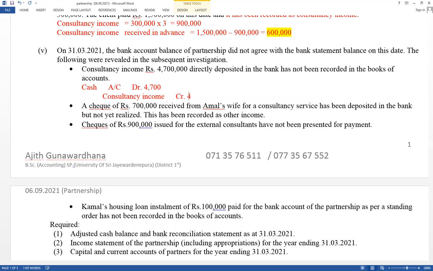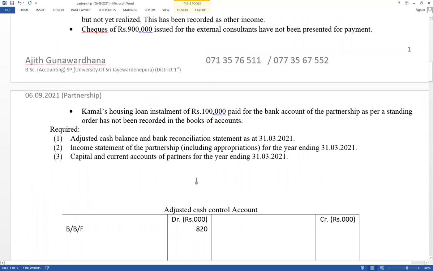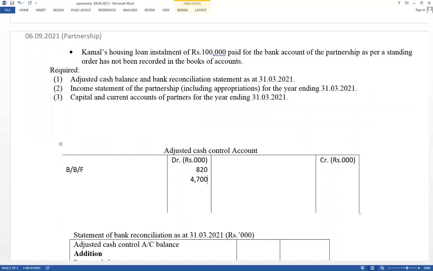Therefore, consultancy income account credit 4,700. That value should be recorded in the cash account as well as the consultancy income account. Cash account debit, consultancy income account credit. Think, in the adjusted cash control account it should be recorded on the debit side, and this value also should be considered as consultancy income. Record it: adjusted cash control account debit 4,700 as consultancy income.